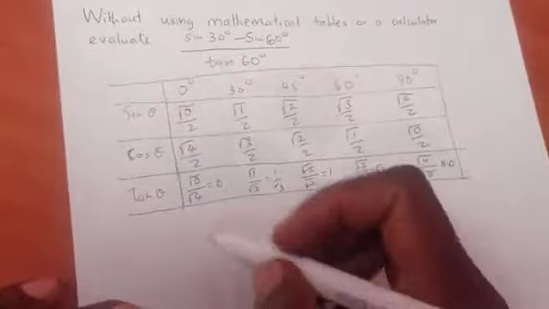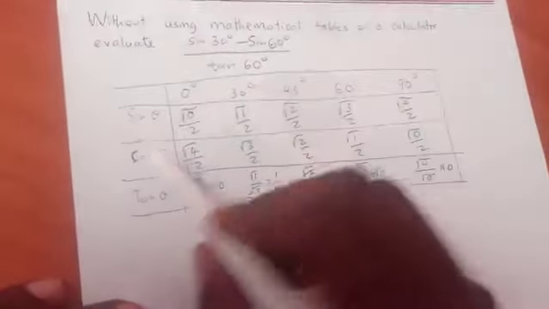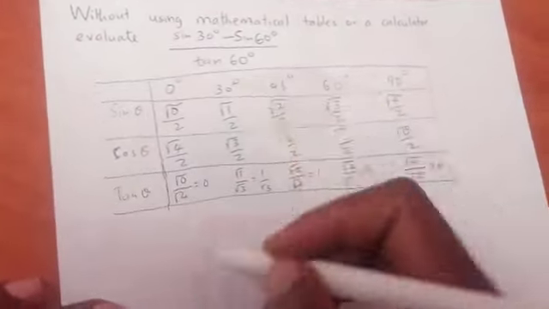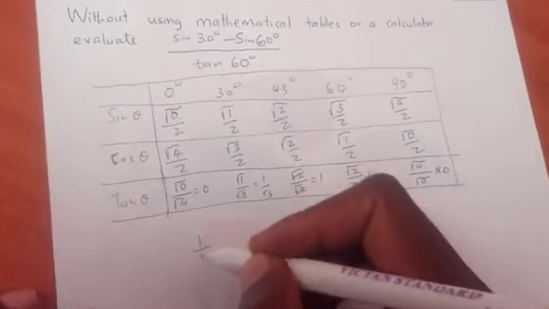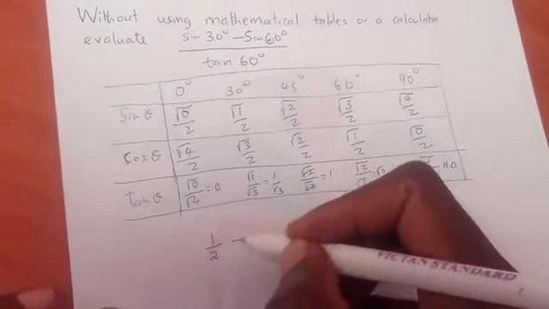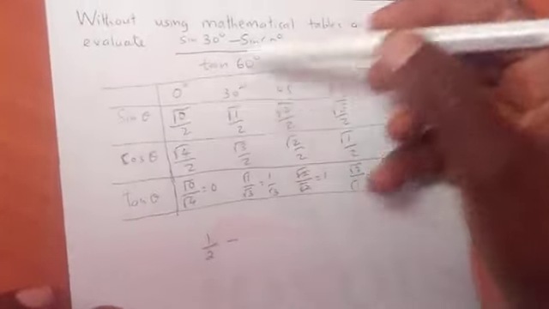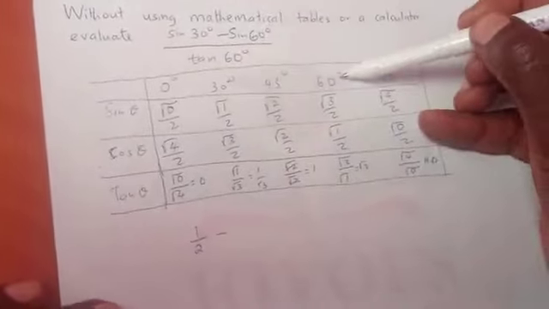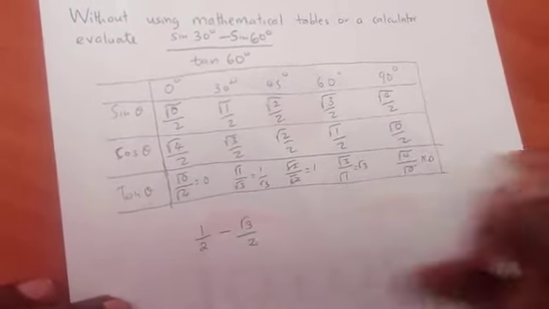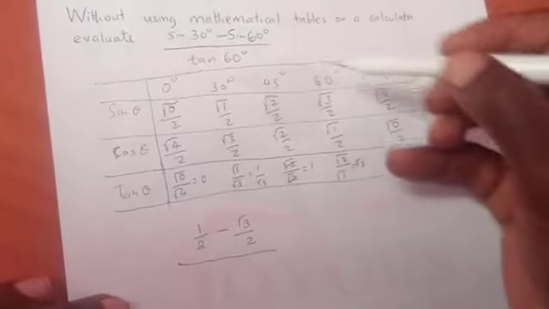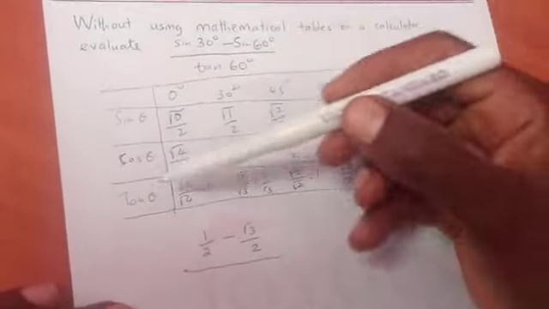So what you need to do, we have sine 30. Sine 30 is a half. So you write a half minus sine 60. Sine 60 is root 3 over 2. All over tan 60. Where is tan 60?